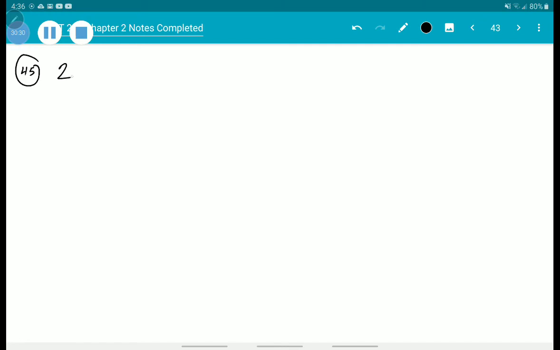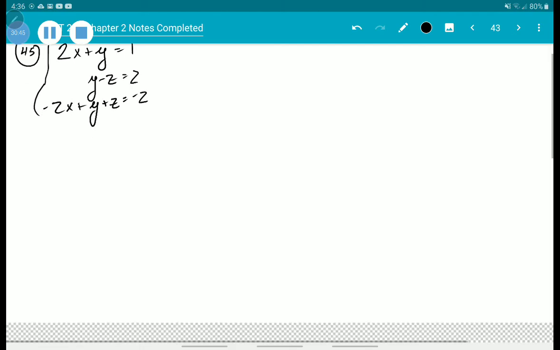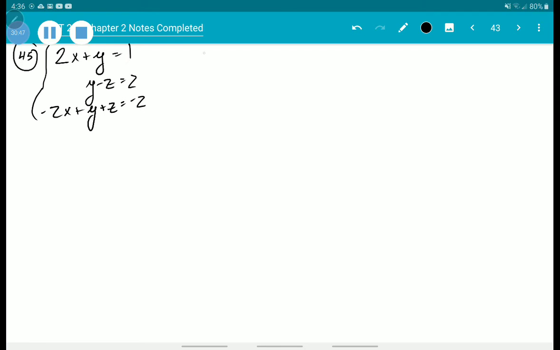So our system is 2x plus y is equal to 1. y minus z is equal to 2. Negative 2x plus y plus z is equal to negative 2. So our Ax equals b looks like this.